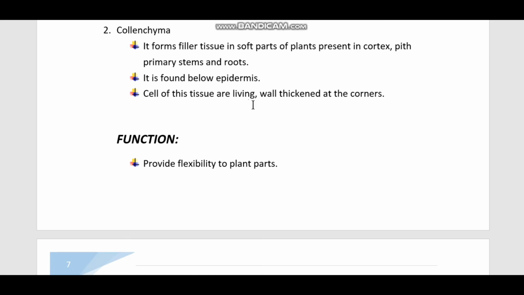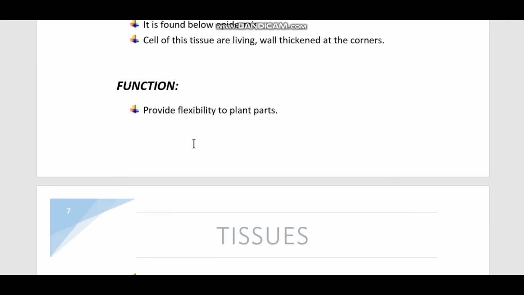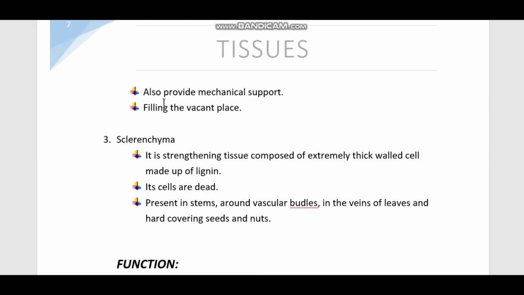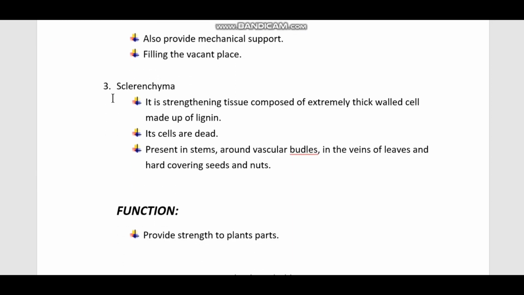Cells of this tissue are living, thick walled at the corners. Function: provides flexibility to plant parts. Also provides mechanical support, filling the vacant places.